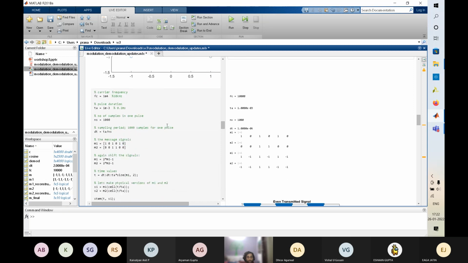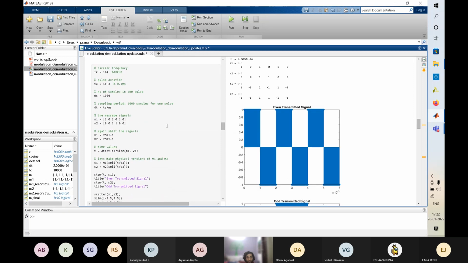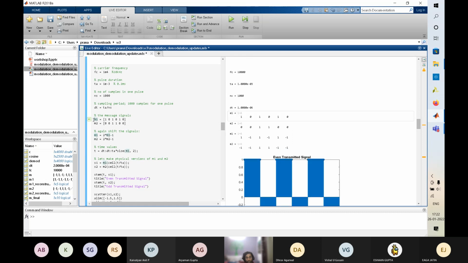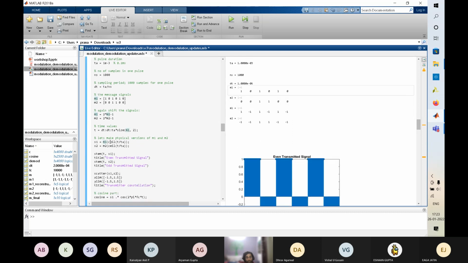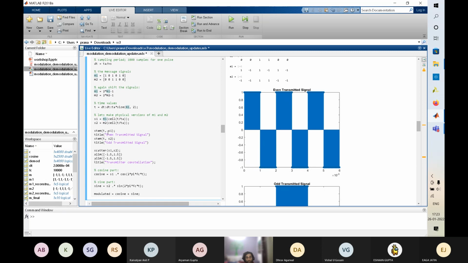In this, we have to use 2 waves, one is sine and one is cosine. So we have a message like M1 and M2, where the bits at even places and the bits at odd places are used to make 2 messages.